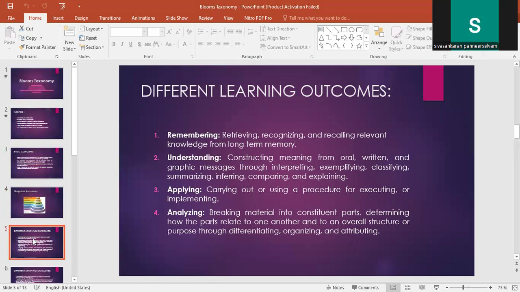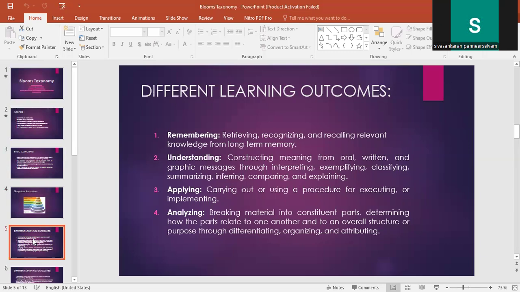Remember: before a student begins to learn any subject, the first thing is the capacity of remembering or recalling the concepts that are given in the subject. Without remembering, we cannot learn the remaining stages of learning outcomes.